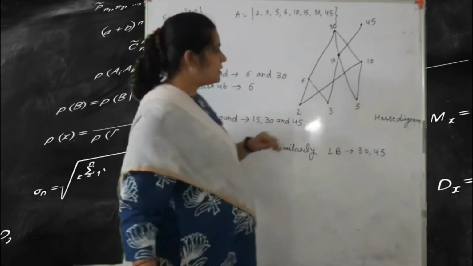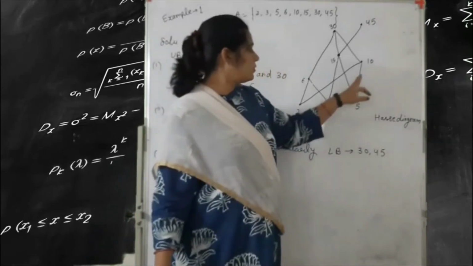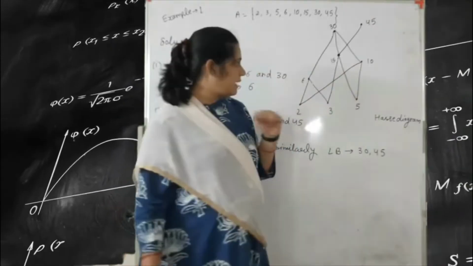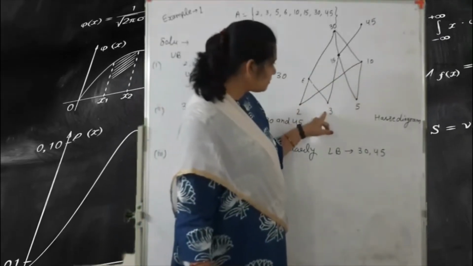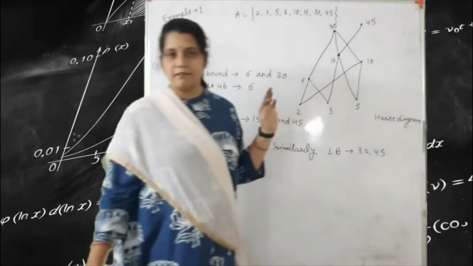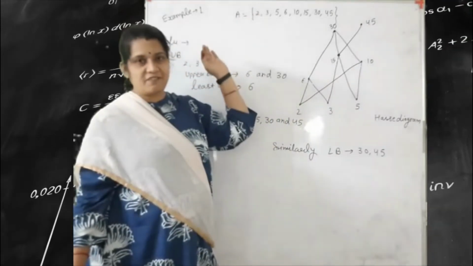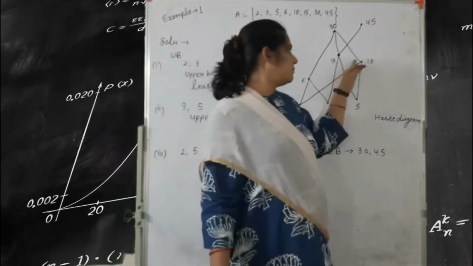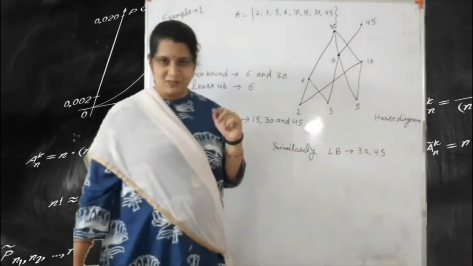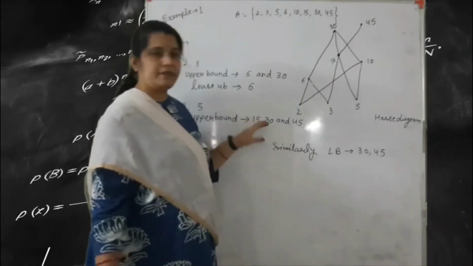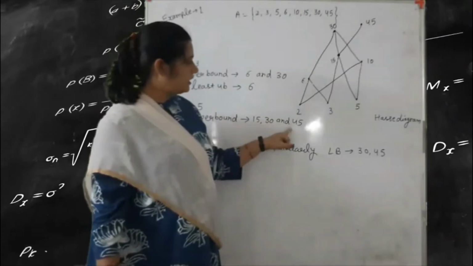For example, if we consider the upper bound of 5 as 10, no doubt 10 is an upper bound of 5. But 3 is not connected to 10, and obviously this is the divides relation, so 10 is not divisible by 3. Okay, so always keep in mind: the upper bound of 3 and 5 is 15, 30 and 45.